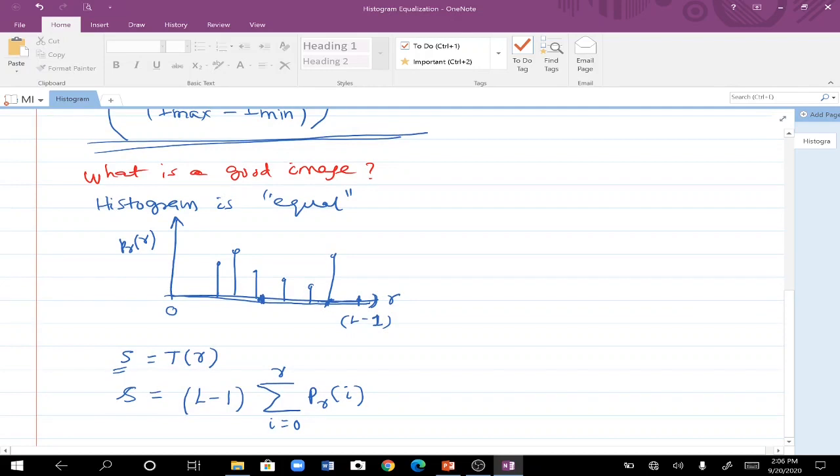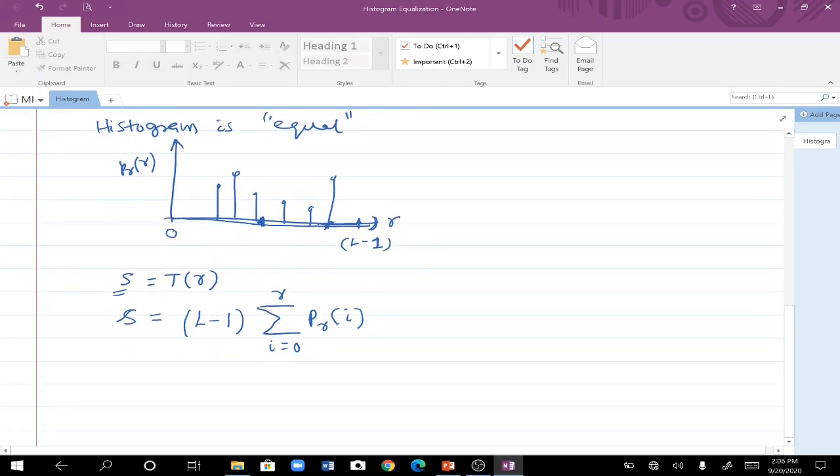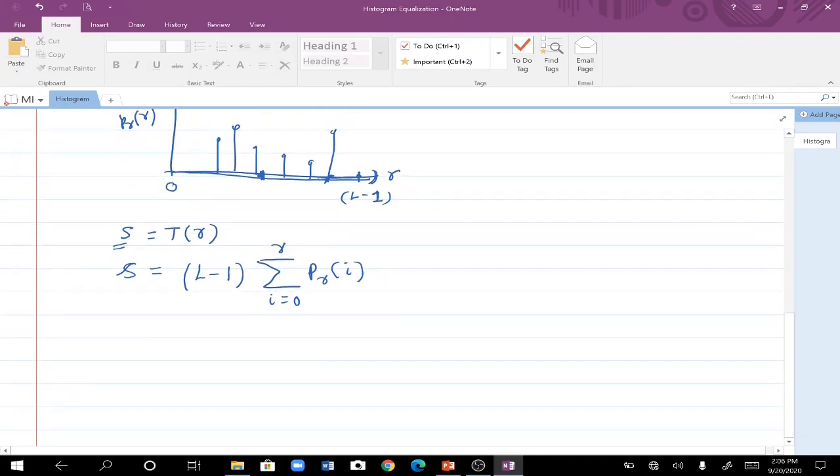I summarize here again. The assumption is that when you have a good image, the histogram values would be more or less the same for each intensity value. With that, if you define a transformation like this, where from r you move to s, the assumption is that the new probability density function for this s is, let's say, more or less well distributed.